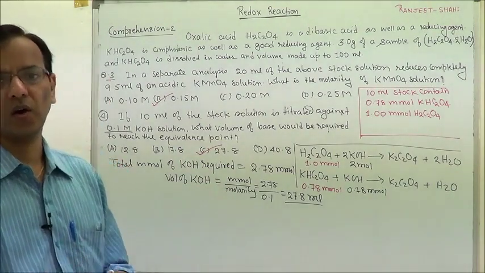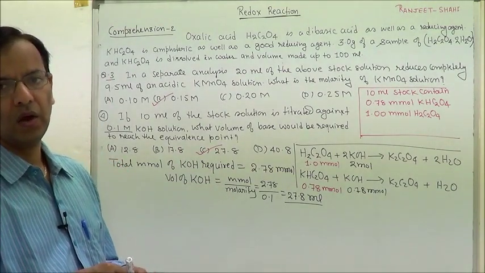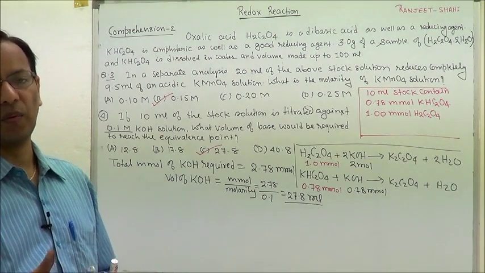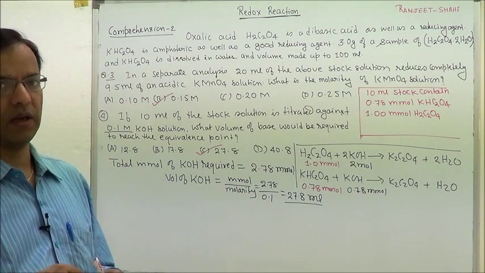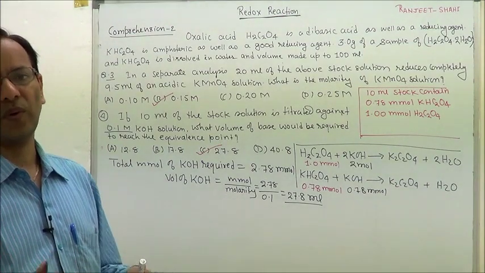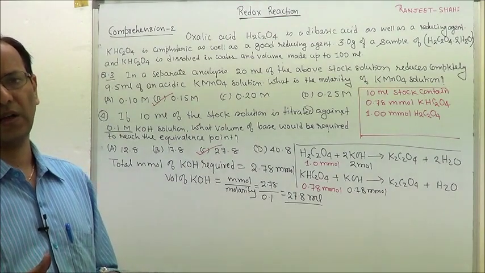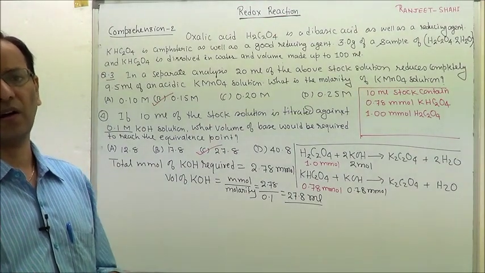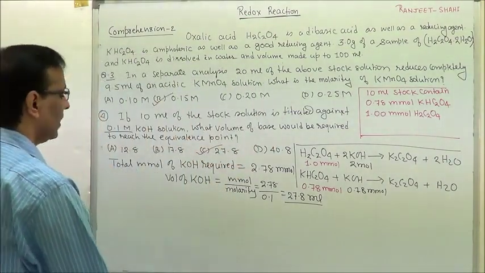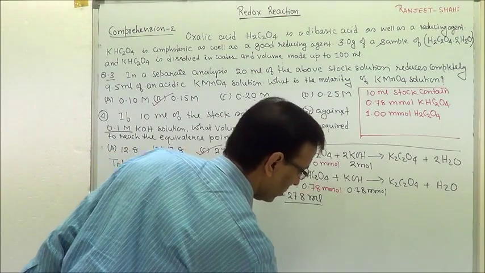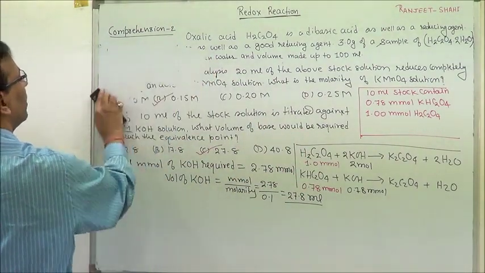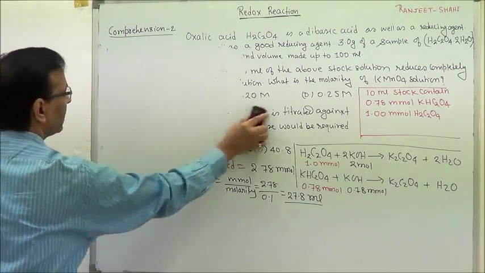So in this way, we are discussing the comprehension or linked type of questions exhaustively, and this is the real type of questions usually asked and expected to be asked in IIT. We'll be taking one more comprehension on redox reaction.